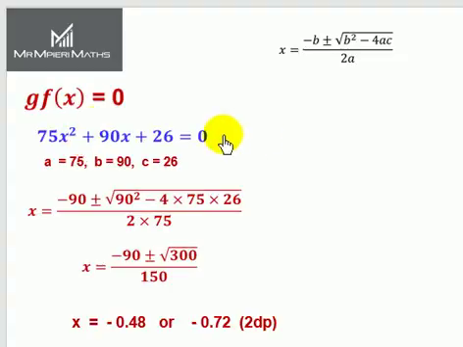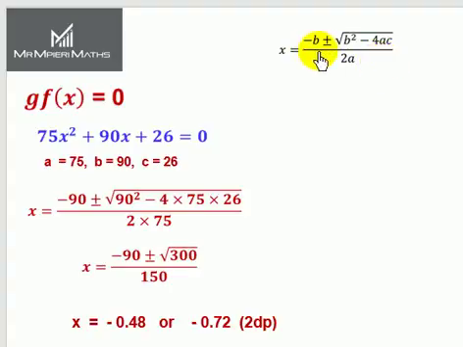Now to solve this is purely quadratic, you can say. And there, so we have to use the quadratic formula. Quadratic formula will give you the perfect answer straight away.